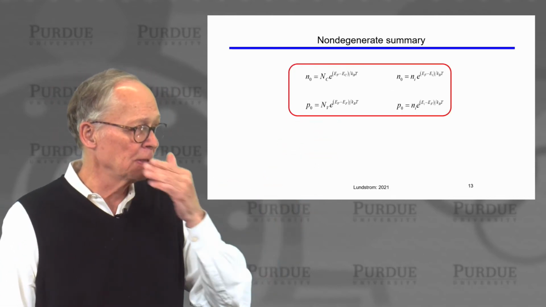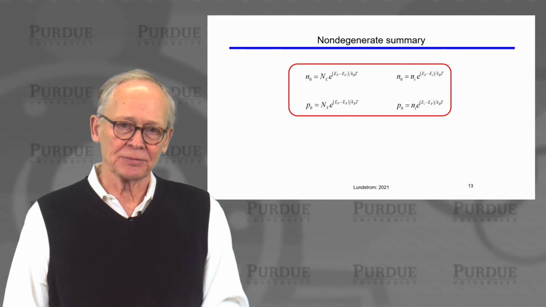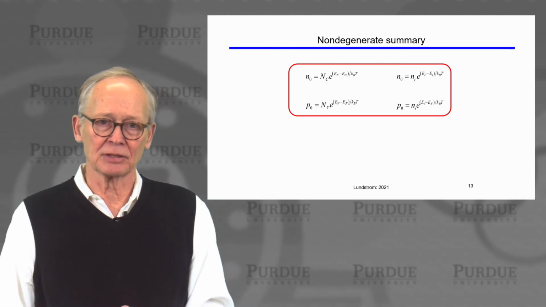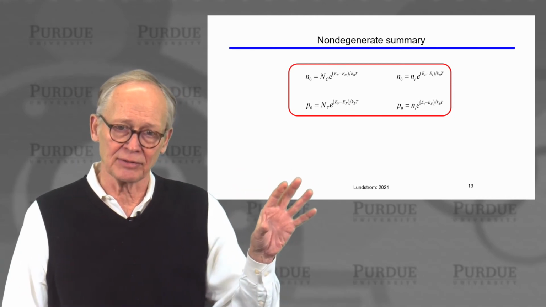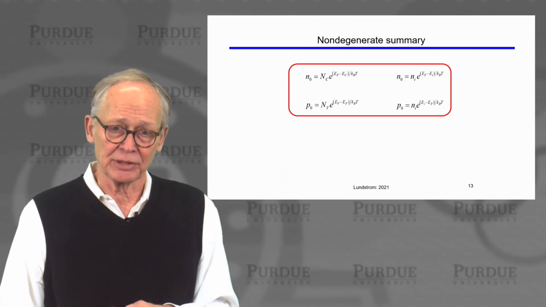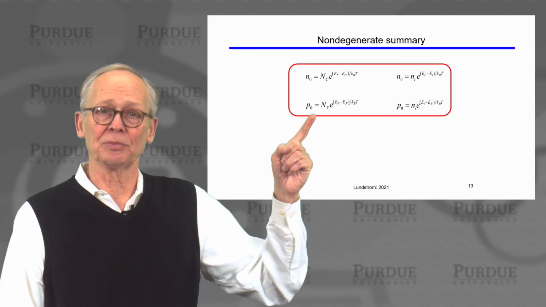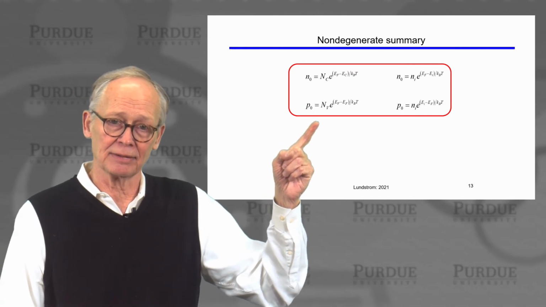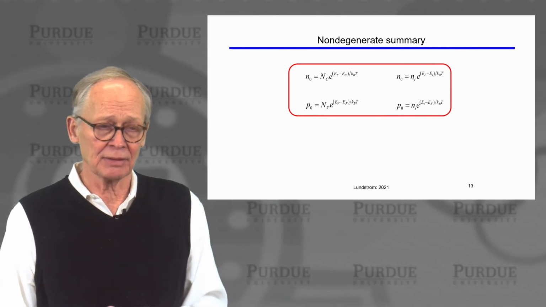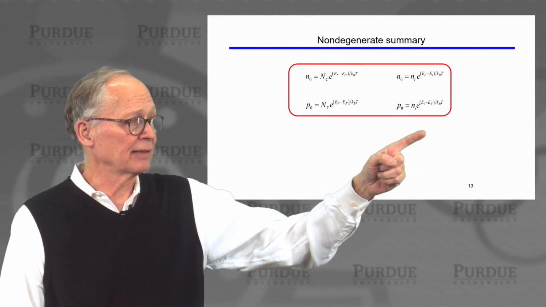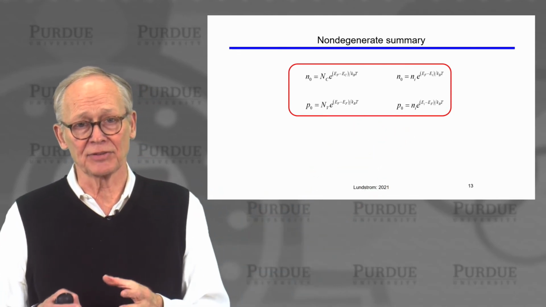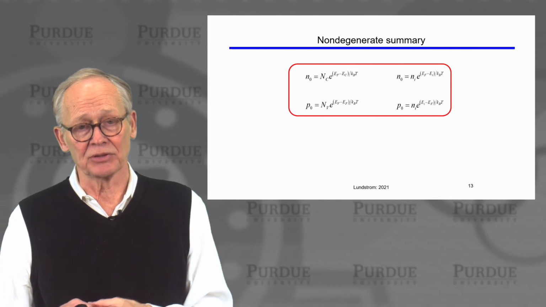So to summarize, we have these simple expressions for a non-degenerate semiconductor which relate the location of the Fermi level to the carrier concentration. We can either relate the location of the Fermi level to the corresponding band edge, conduction band minima or valence band maxima, or we can relate the electron concentration to the location of the Fermi level relative to the intrinsic level.